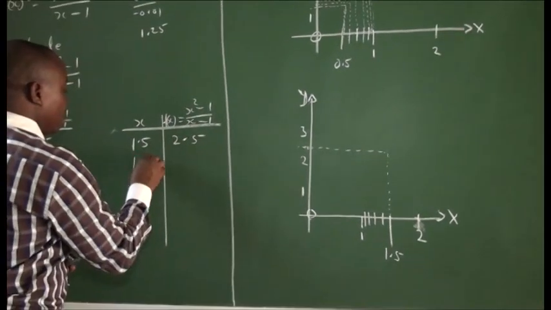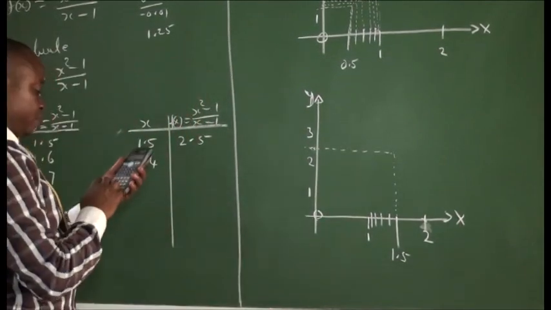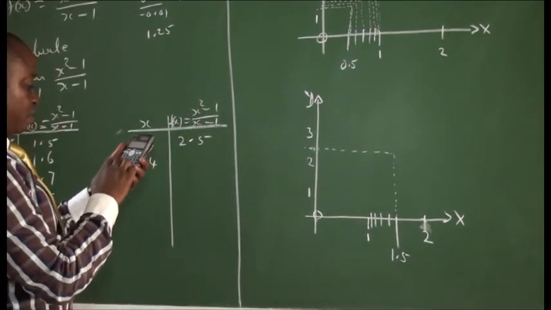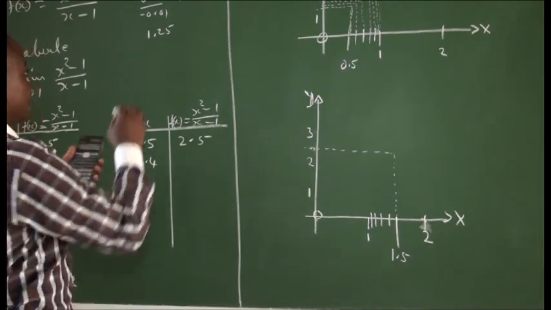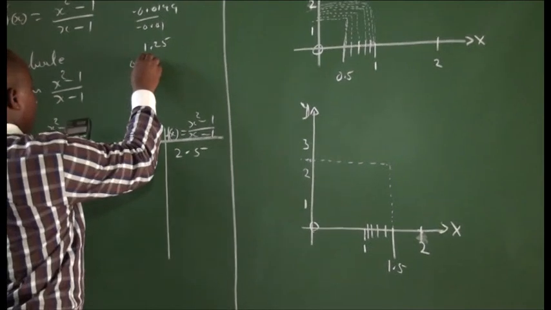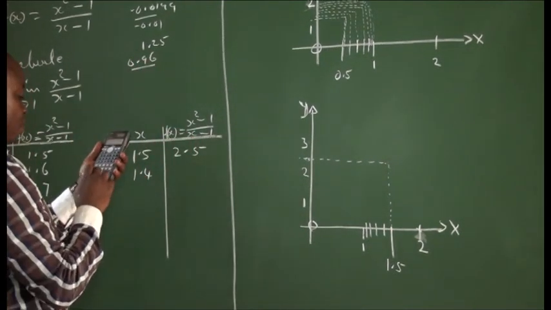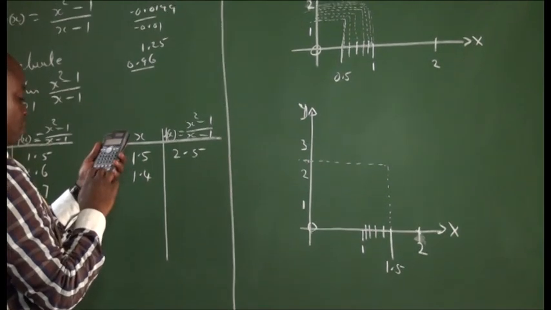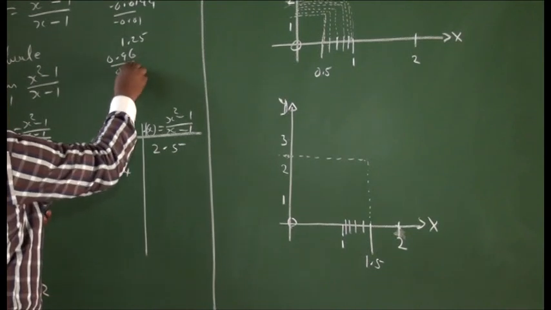When x is 1.4, that is coming down this way. Let's see. 1.4 squared minus 1 is 0.96. Then the downside, 1.4 minus 1, we have 0.4.